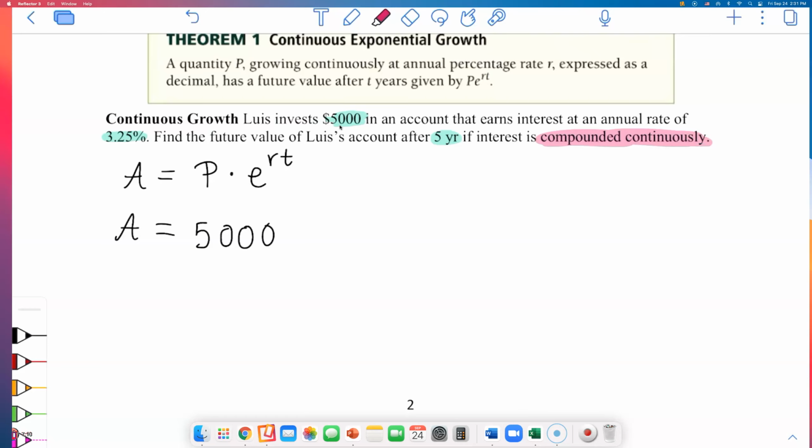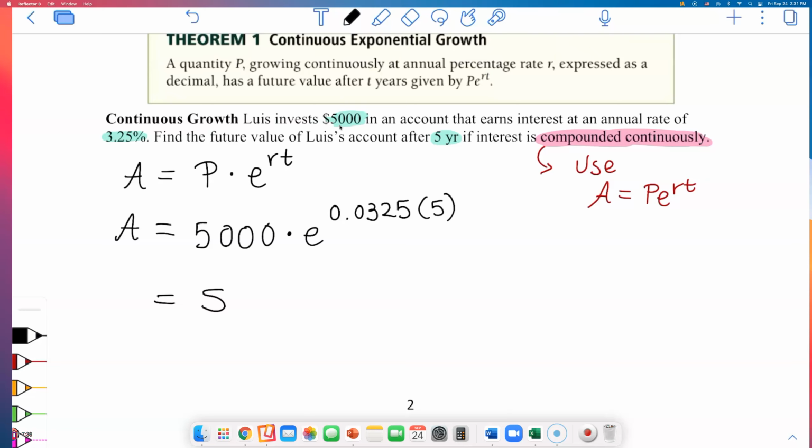If you see the keyword compounded continuously, this is telling you to use that formula, A equals Pe^(rt). So let's plug in everything. e is just a number, but r is 0.0325 and t is 5.